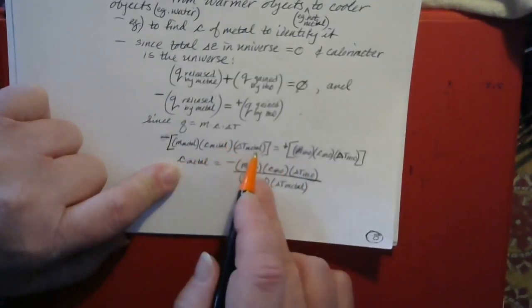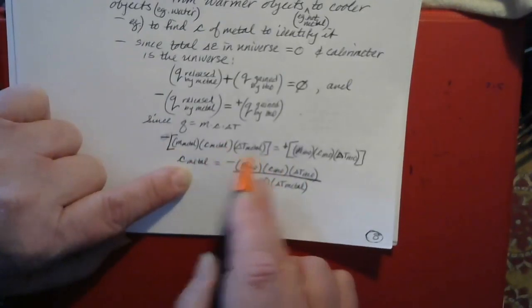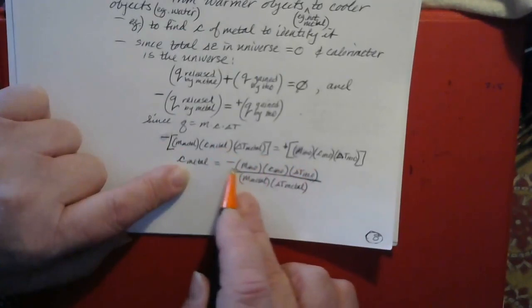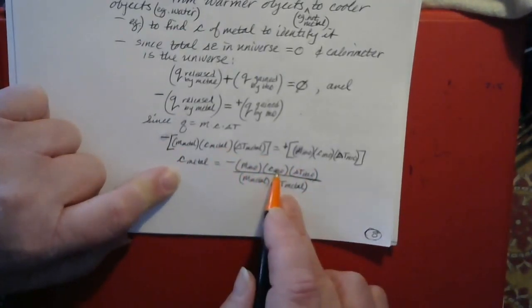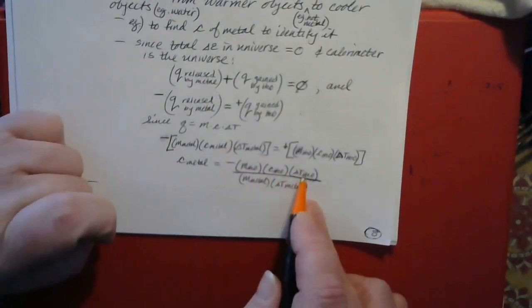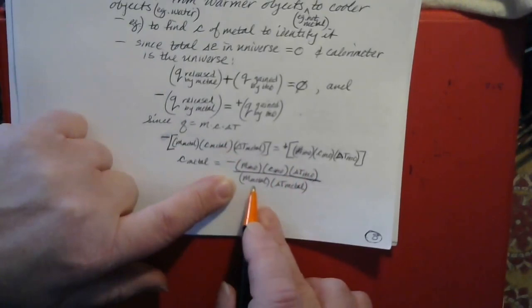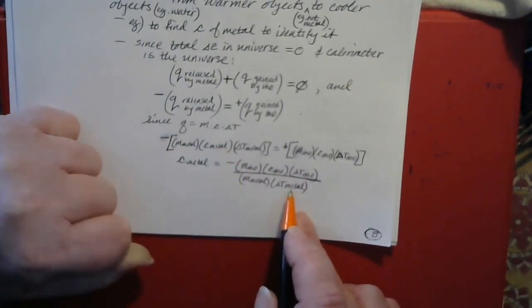You just have to divide both sides by M metal times delta T metal to get those to cancel on the left-hand side. And so you end up with the negative of mass of water times the specific heat of water times the change in temperature of the water over mass of the metal times the change in temperature of the metal.